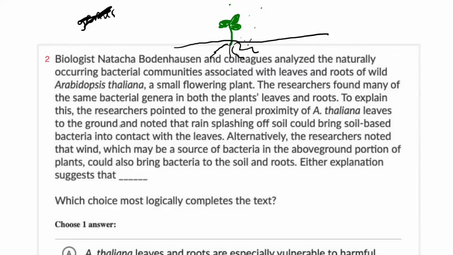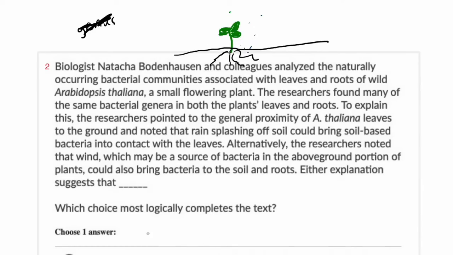Alternatively, the researchers noted that wind, which may be a source of bacteria in the above-ground portion of the plants, could also bring bacteria to the soil and roots. Either explanation suggests that, and yeah, let's think about this, well, either what do these explanations have in common? Wind, rain.